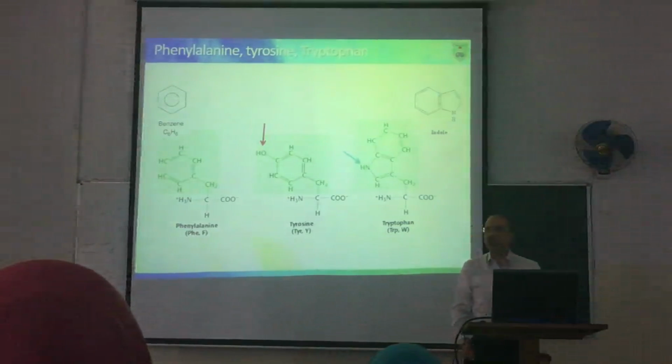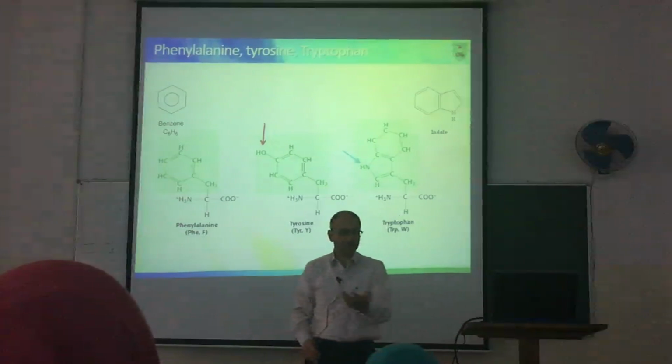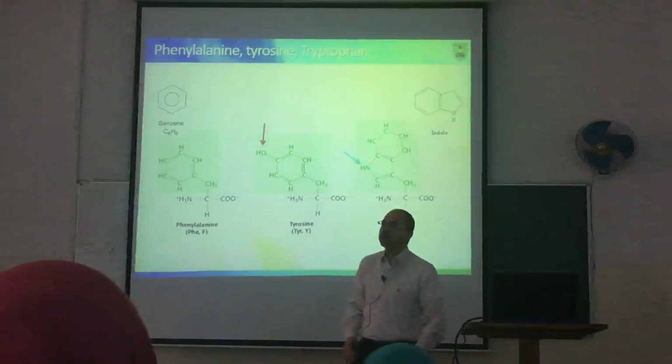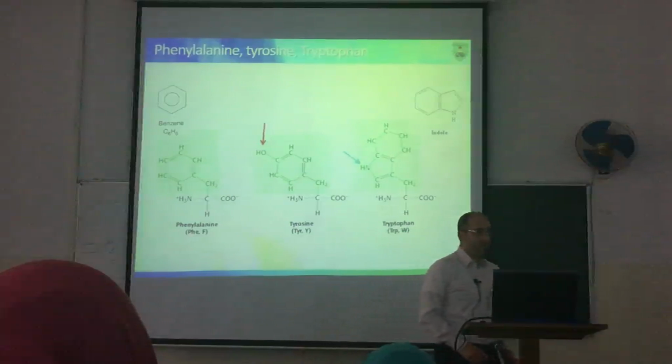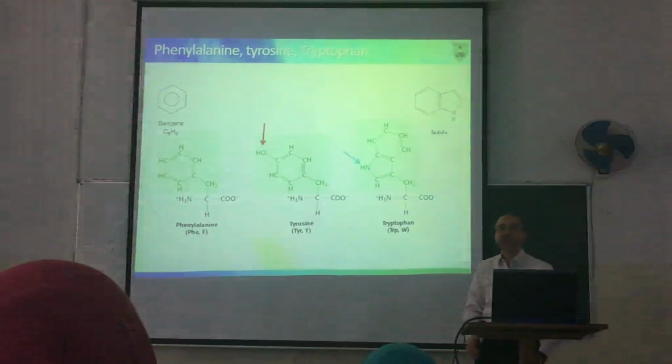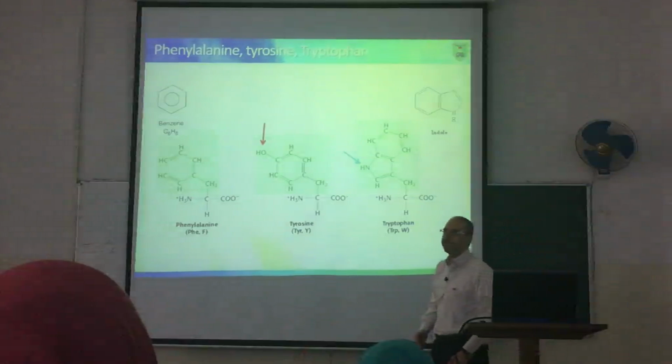This makes the molecule slightly hydrophilic or polar. It is polar because it has an OH group, and it makes the molecule reactive in the hydroxyl group. Okay? The abbreviation is TYR. Tyrosine.